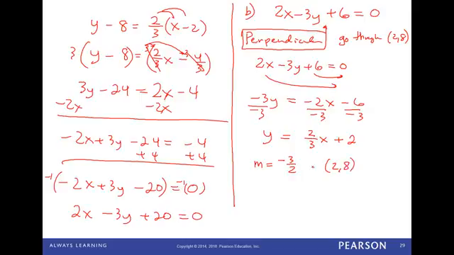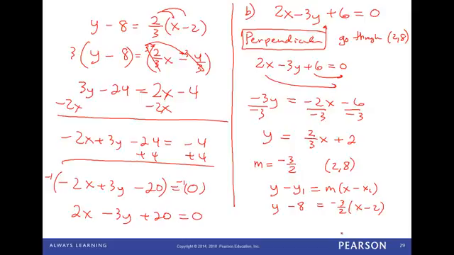So now I actually have everything I need. I have a slope and a point to plug into the point-slope form. So how about y minus 8 is equal to -3 over 2 times x minus 2.